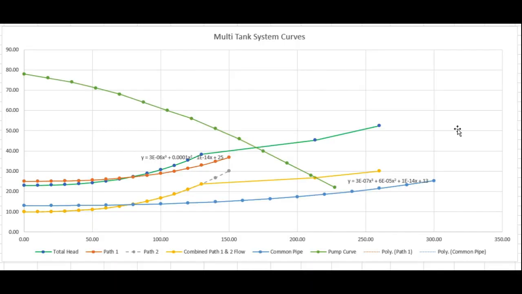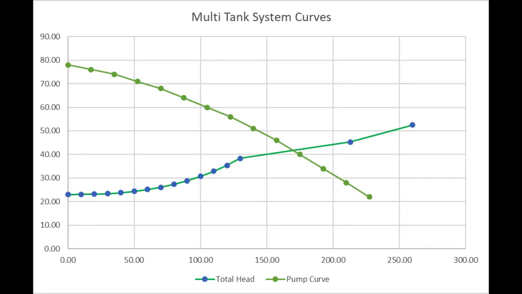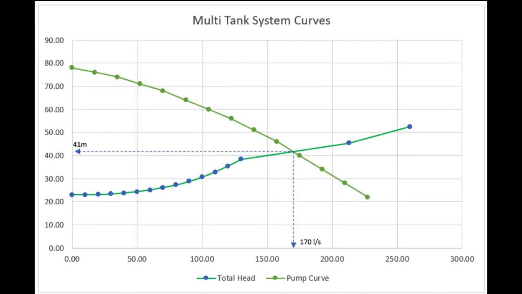The curves sheet can be cleaned up by only providing the total head system characteristic curve and the pump curve. From the graphs plotted, you can find out whether the selected pump is suitable or not. In our case, the intersection point shows that the pump selected has a flow slightly less than the required flow of 175 liters per second.